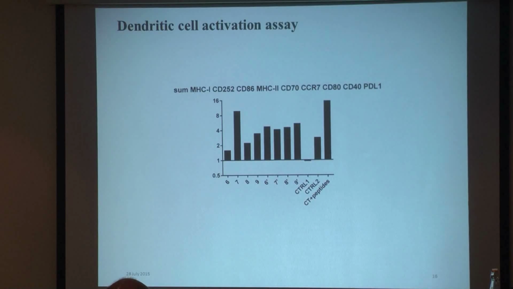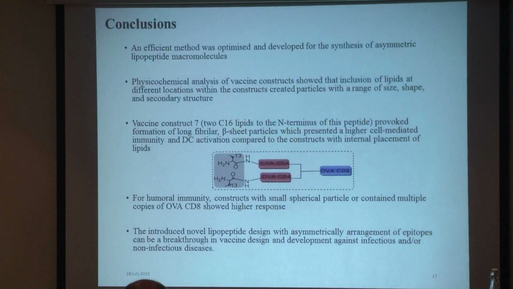Then we did a further study to see how these constructs affect dendritic cells, by an in vitro assay. And these results also showed that construct 7 had a higher effect on the activation markers of the dendritic cells.